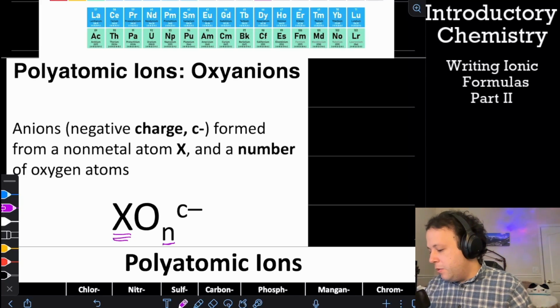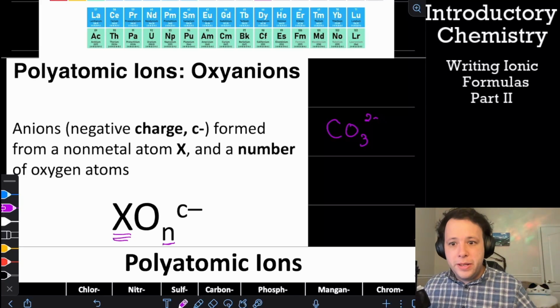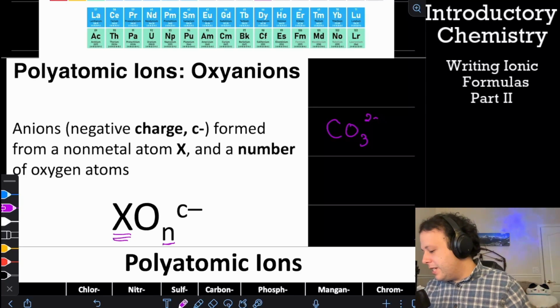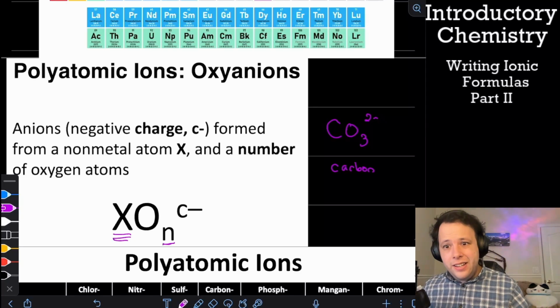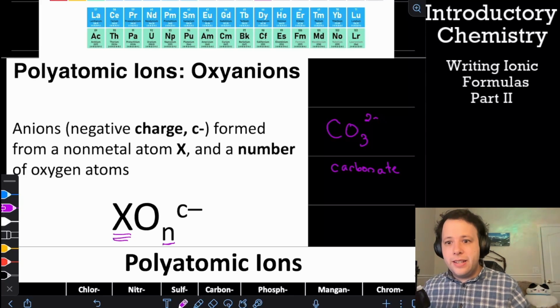So for example, one could be CO3 2 minus. With this one, we have a carbon bound to 3 oxygens, and it's always going to have a 2 minus charge. This one's carbon, right? And the ending for this in terms of naming is ate, so carbonate would be the name.